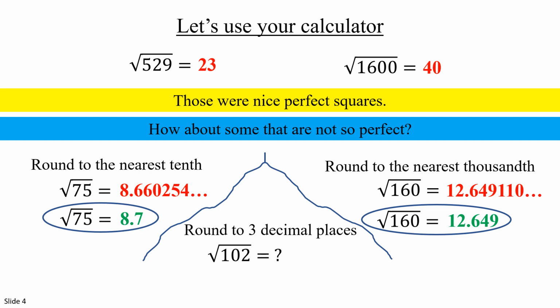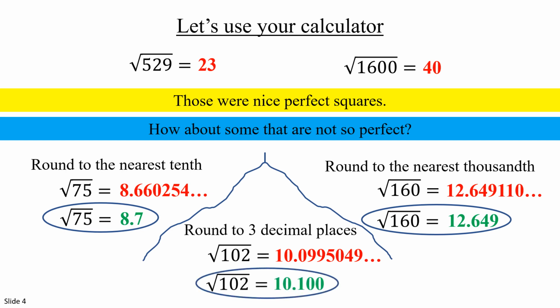Round to 3 decimal places. Sometimes they'll give you the number of decimal places they want you to round to, as opposed to giving the place value, tenth, thousandth, hundredth. So we plug it in the calculator, and we get 10.0995046. 3 decimal places, which is the second 9. The 5 to the, wait a minute.